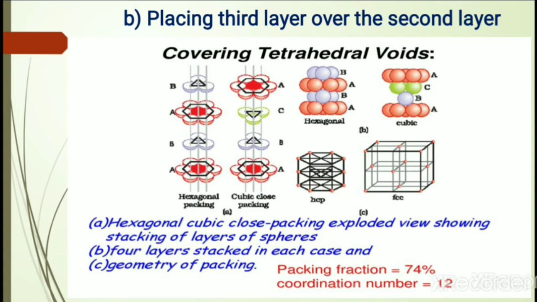This type of structure we call a hexagonal close packed structure, or HCP. This sort of arrangement of atoms is found in many metals like magnesium and zinc.